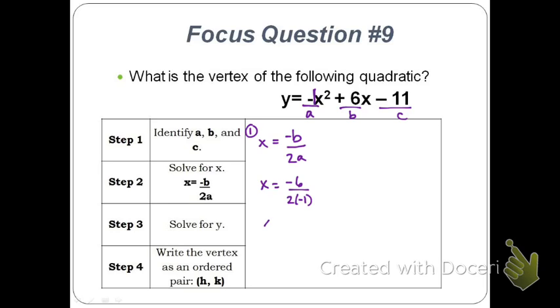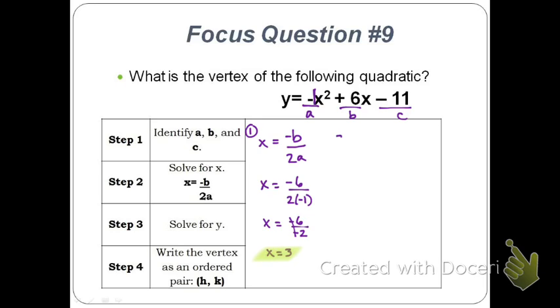Now what we should get, once we simplify, is -6 over -2. Now solving that part, ultimately for x, we get x equals +3. Again, remember the negatives cancel each other out. So yeah, x equals 3. And that's the first part.